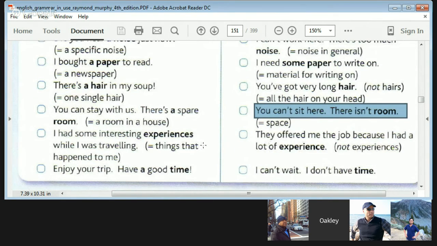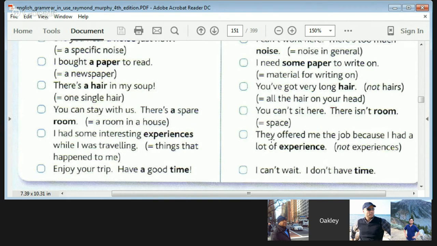So, okay, then you have all of your abstract nouns. Take, for example, the word experience. When you're talking about specific situations, very similar to time, then experiences can be countable.